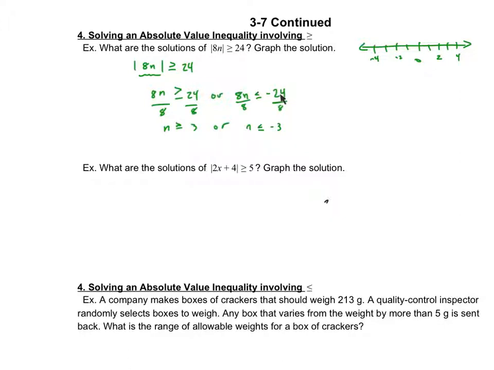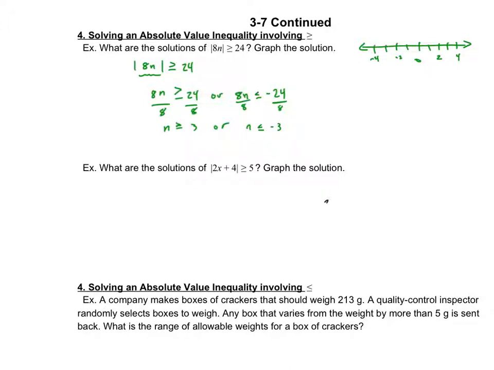If we take this independently and do our inverse operations, divide by 8, then n is greater than or equal to 24 divided by 8, which is 3. Or, again dividing by the coefficient, n is less than or equal to negative 24 divided by 8, which is negative 3.